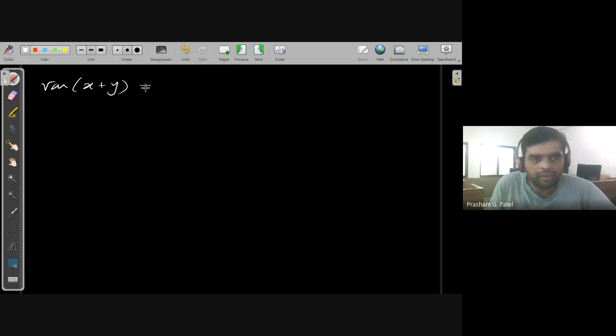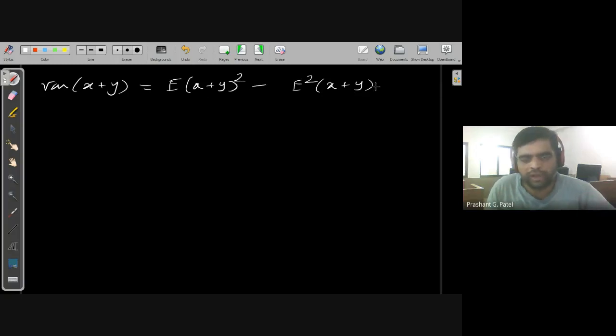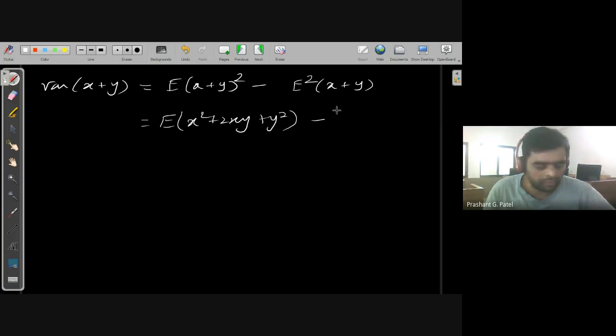The variance of X plus Y is nothing but E of X plus Y whole square minus E square of X plus Y. Now E of X plus Y whole square will be E of X square plus 2XY plus Y square, minus E of X plus E of Y whole square.